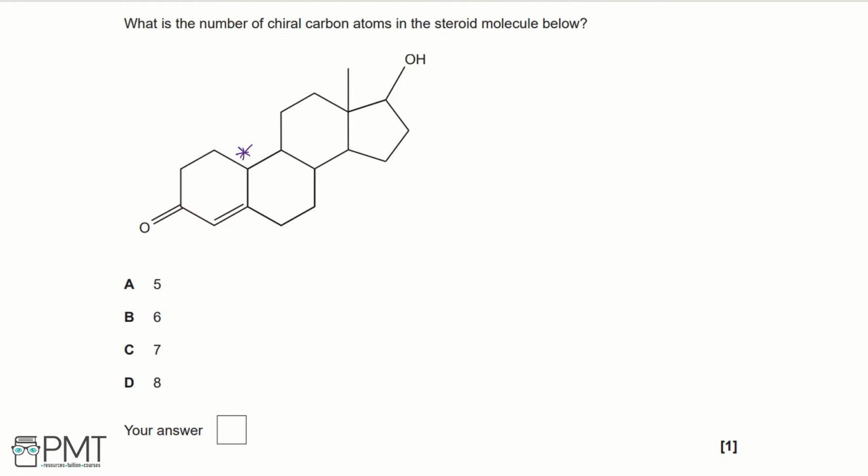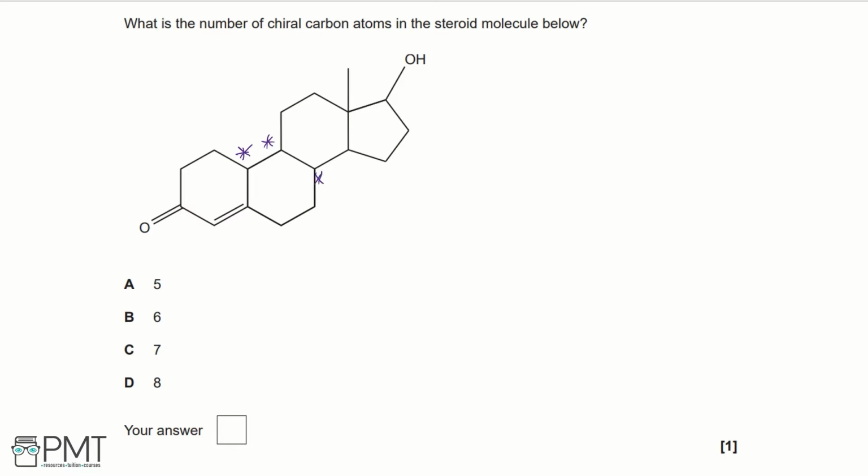We have a hydrogen, we have this part of the steroid molecule, we have this part, and we have this carbon-carbon bond. Moving across, we have another chiral carbon here on our steroid molecule. Again, we have 4 different functional groups attached to this carbon atom.